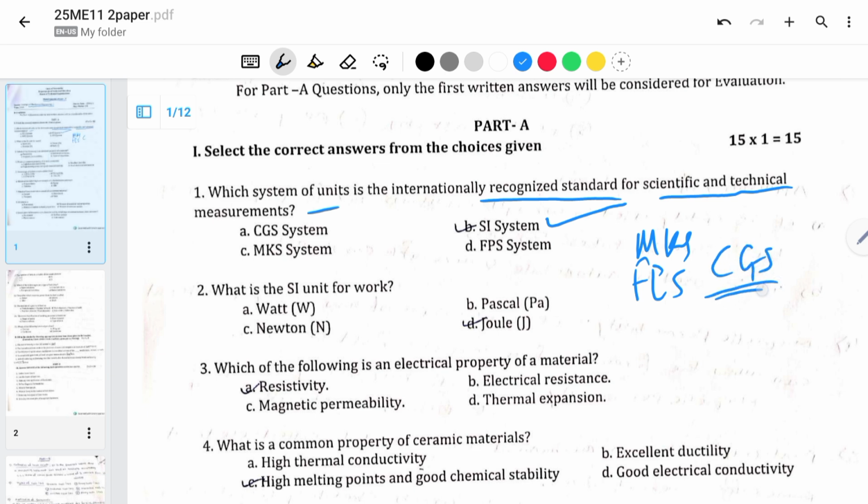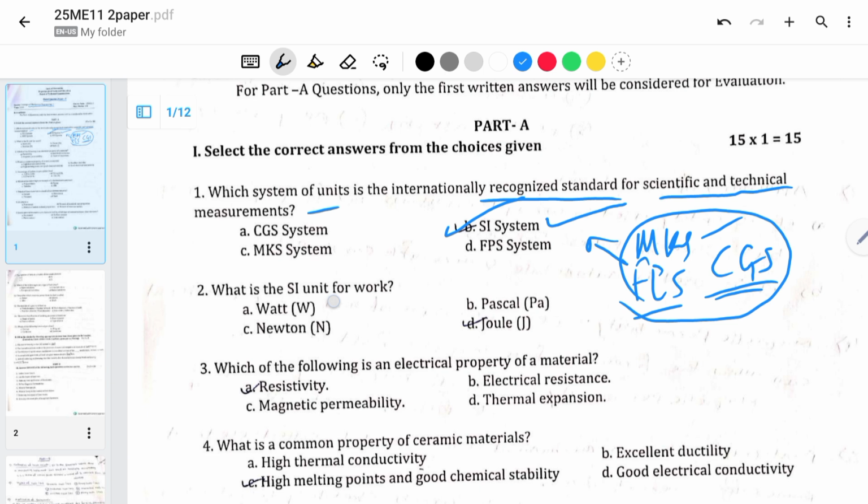In order to avoid confusion, they have prepared the international standard system, that is the SI system. So that is the correct answer here. Internationally accepted or recognized is the SI system.